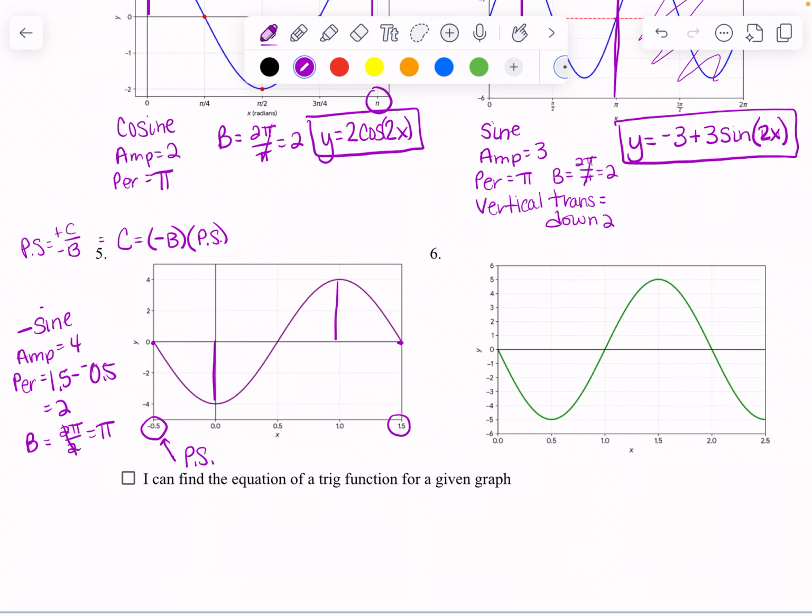Okay, so I'm running out of room. All right, there's B, there's A. Let's find C. So negative pi times negative 1/2, so positive pi over 2. So this is y equals, it's a negative sine, my amplitude is 4, B is pi, x plus c.